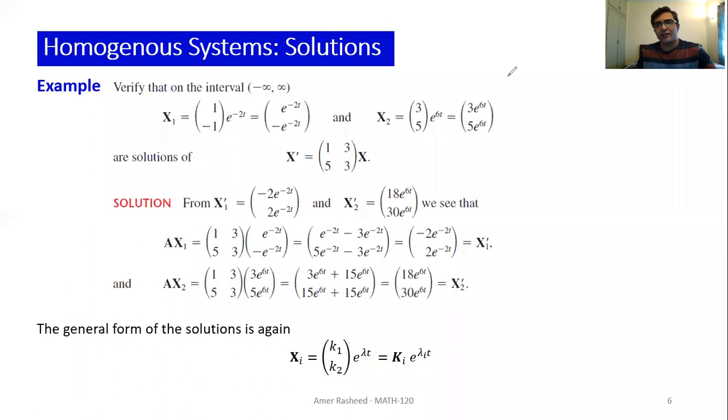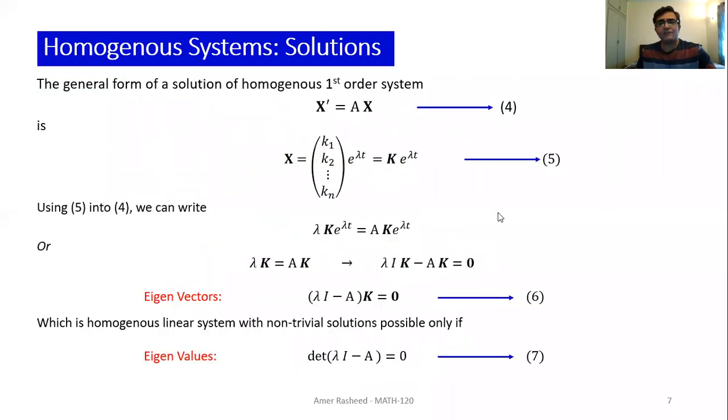So in general, if we have a system of n homogeneous first order differential equations, then the solution of this system must be of this kind: a vector which contains constants, times the exponential of some constant times t.